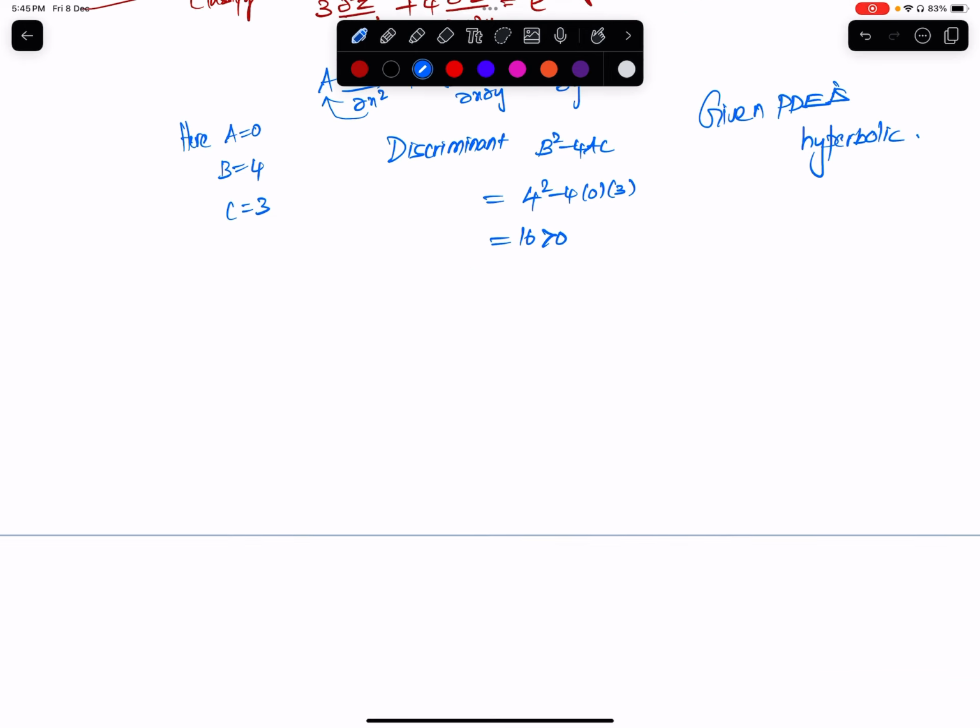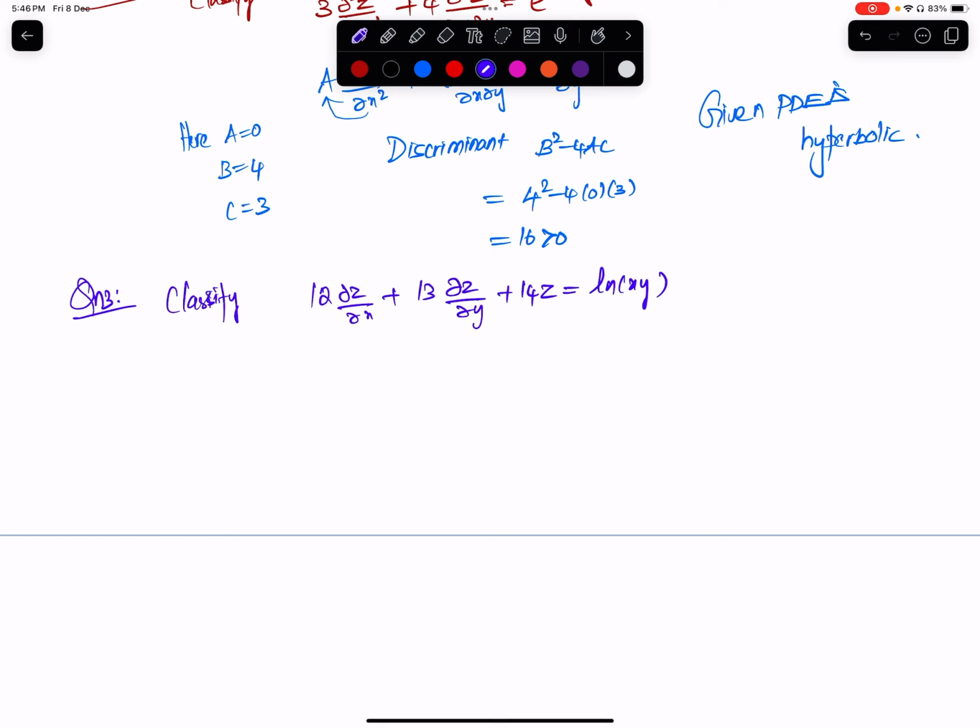Question number 3, maybe the last question. Classify 12 ∂z/∂x plus 13 ∂z/∂y plus 14z equal to ln(xy).